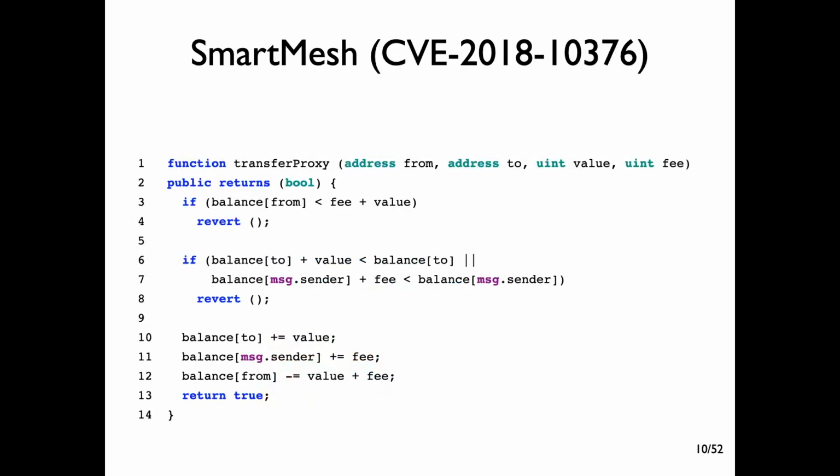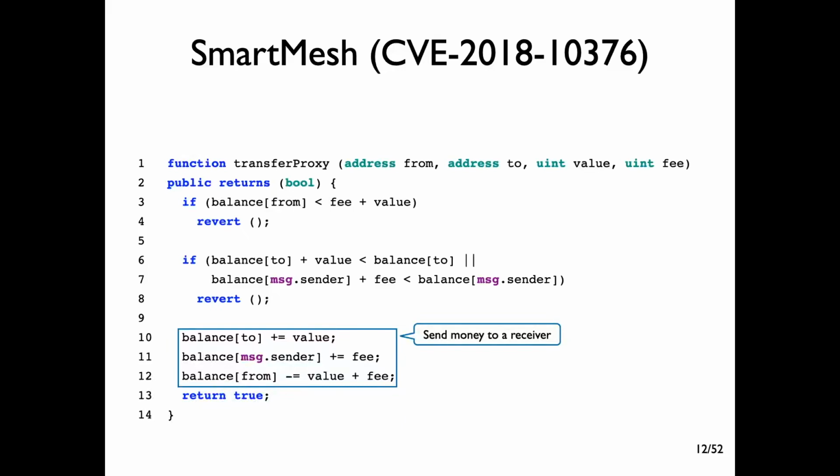In the slide, you can see the vulnerable function simplified from the SmartMesh token contract. As the function name indicates, the job of this function is to transfer money to someone via proxy. Specifically, the core functionality is implemented from line 10 to line 12.